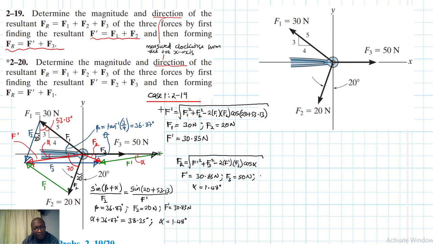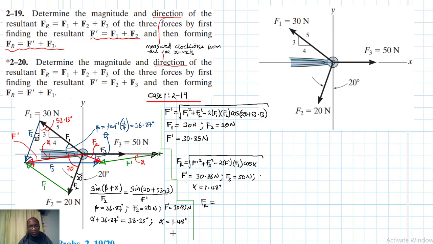Let me just create a boundary there, like so. All right, so we need to find FR, so grab your calculators and plug in the values.